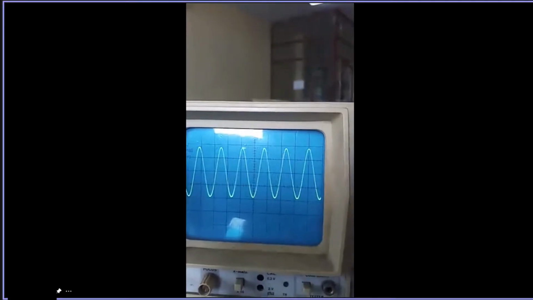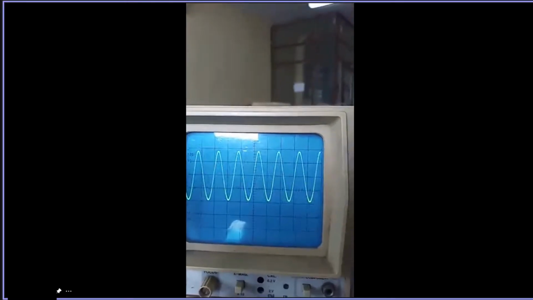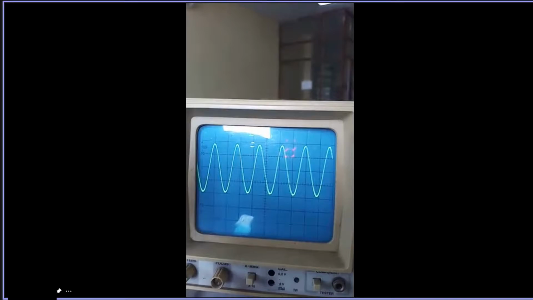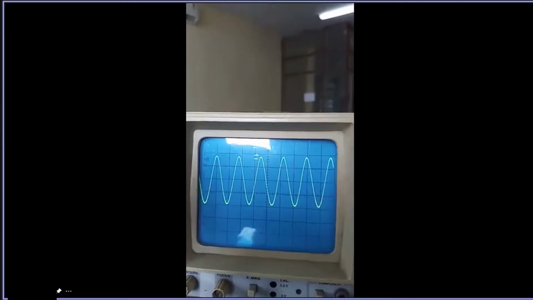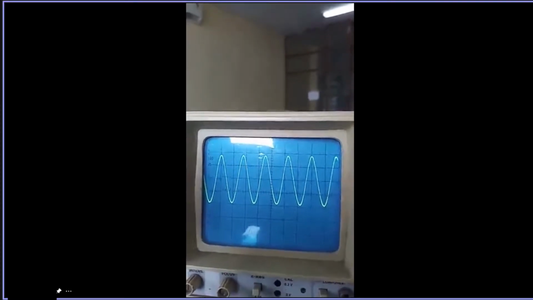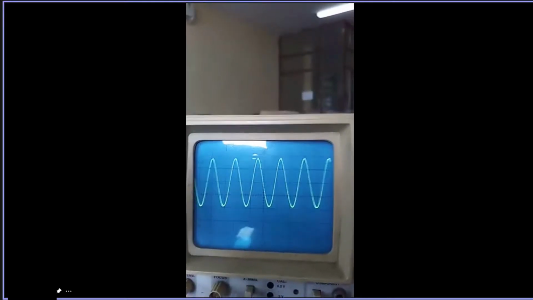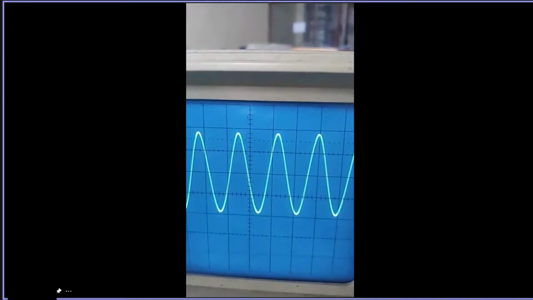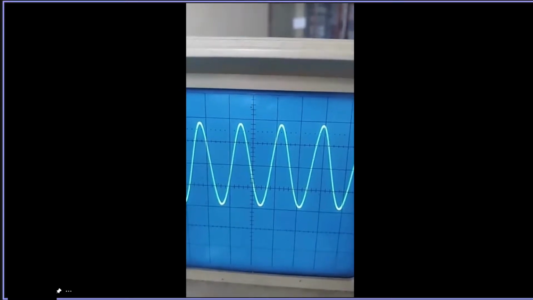And to see it, since we have increased the frequency, we have increased the time per division a little so that we get a better view. So we can see that it has allowed 2 kilohertz to pass. Now we'll slowly increase the frequency and try to see the change. Okay, so now we are going to increase the frequency a little bit slowly.